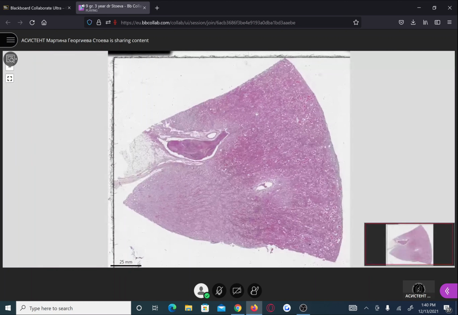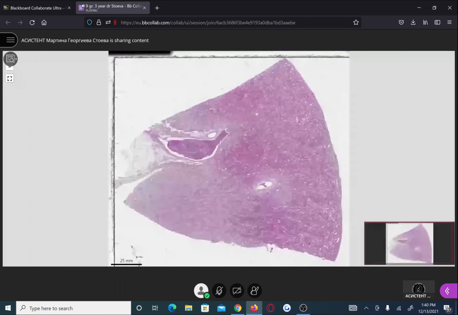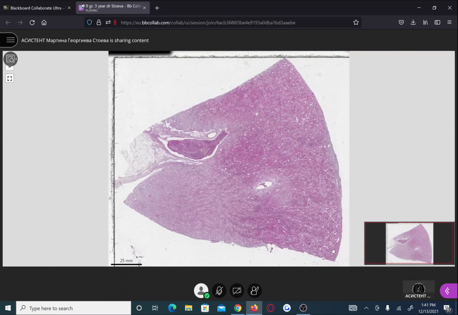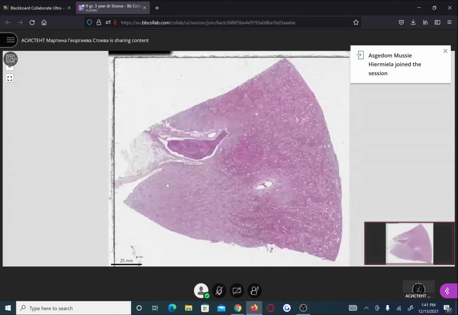We just shared slide number 19, amyloidosis of the kidney. Here again, we can find the cortex, which is the right side of the slide. The medulla is here, and the lumen that is directly under the medulla is the calyx.